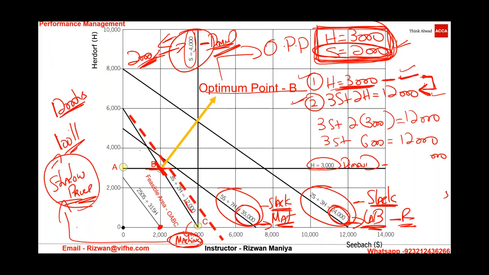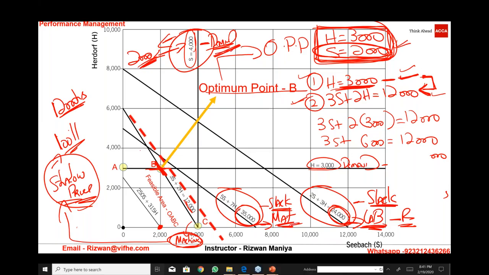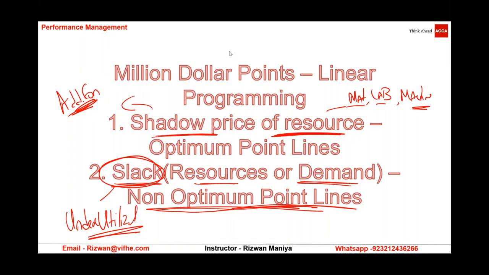Okay. So slack is underutilization, and slack exists for material, for labor, and for demand. I hope this is clear. The $1,000,000 points will help you recognize when you need to work out shadow price for a resource. Whenever you find the answer on any resource line, whether the optimum answer is on one resource line or at two resource lines, at both you will work out shadow price.